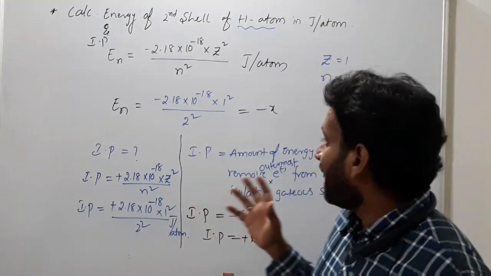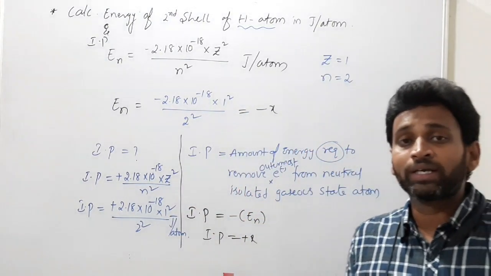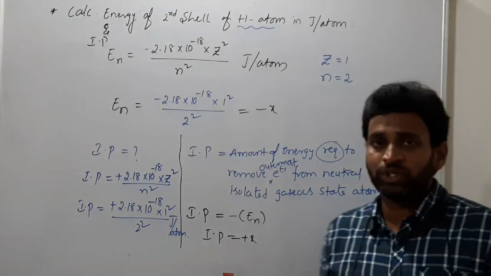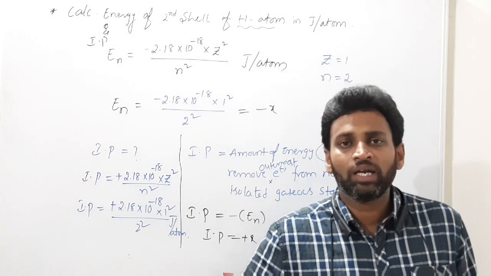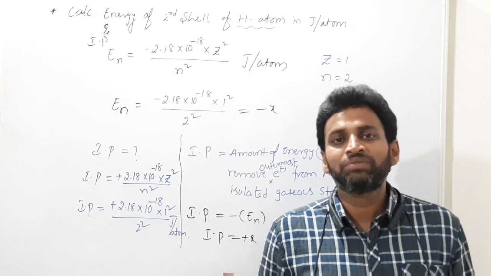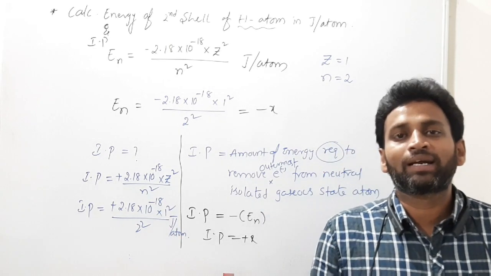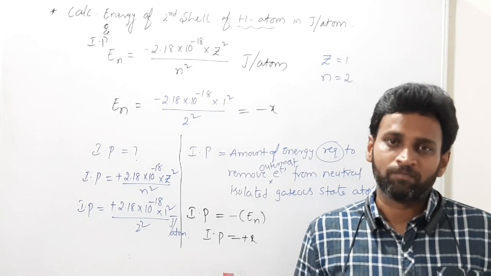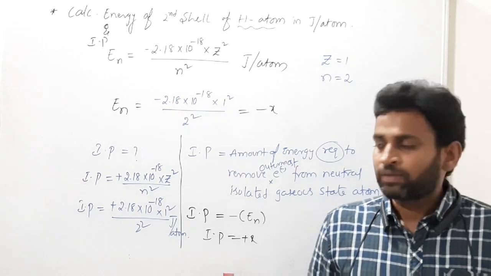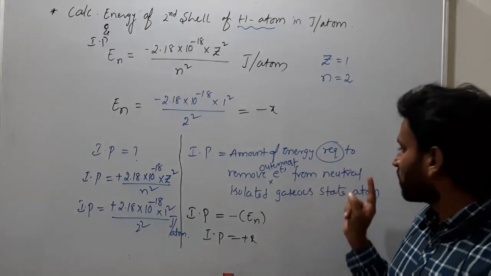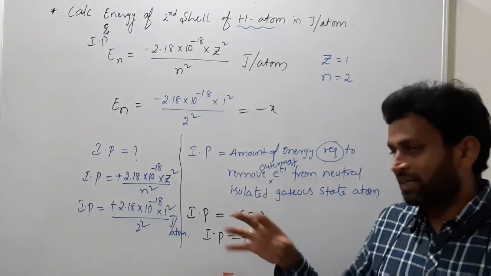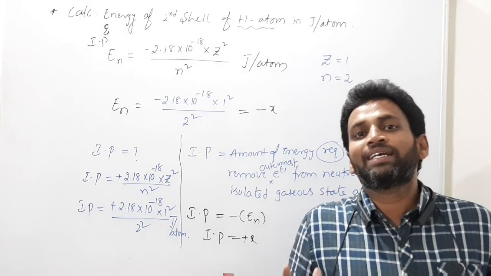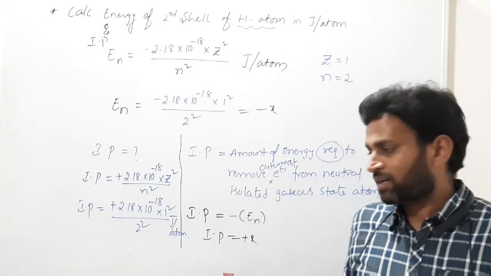And here I have given one important thing for you, that is ionization potential. What is ionization potential? The amount of energy which is required to remove an electron. What electron? Outermost electron, last electron. Neutral means neutral atom. Isolated means single atom.